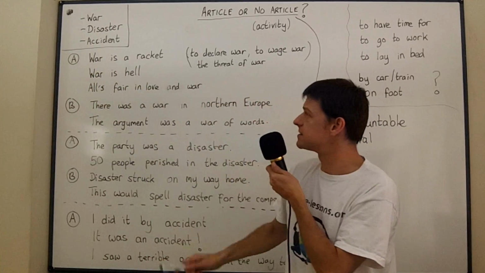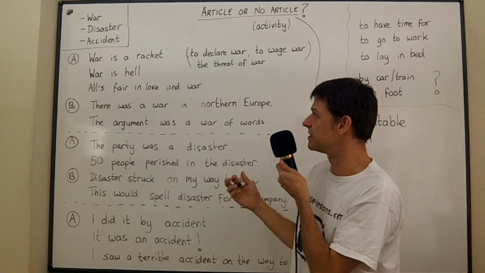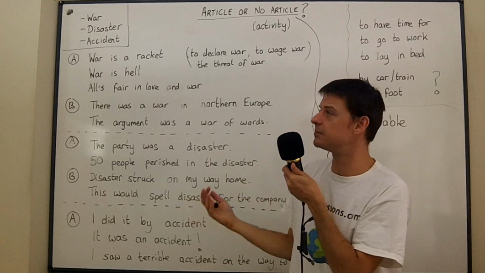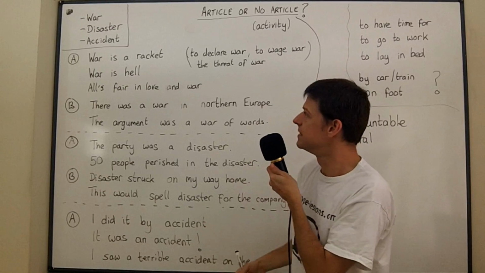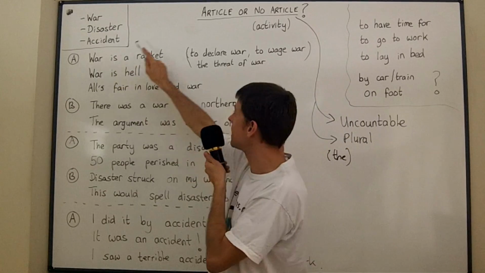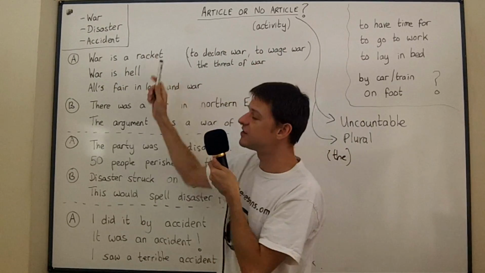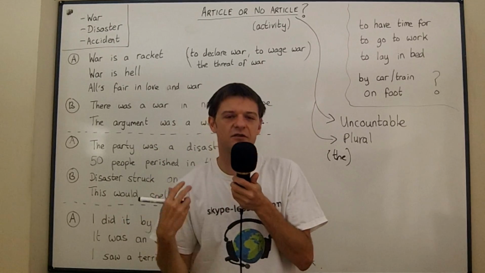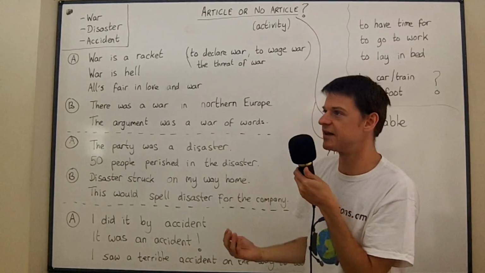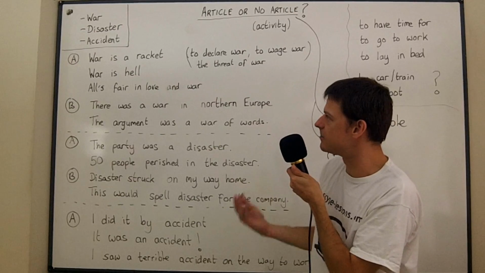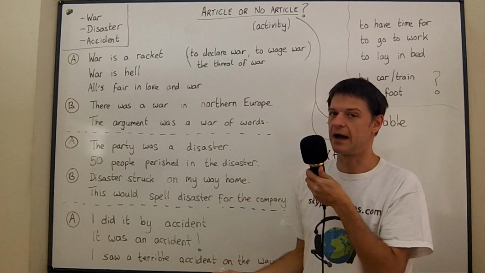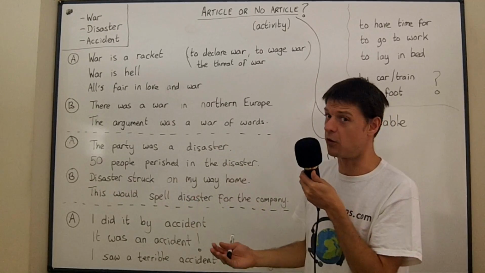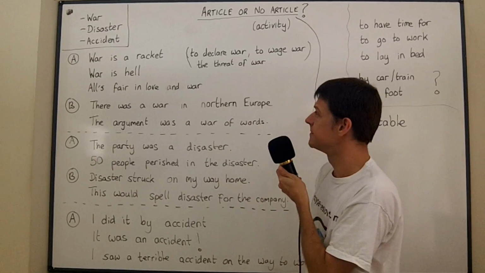"War is a racket." This was a famous quote from an American general, and he was trying to say that the activity of war is a racket, in the sense of a criminal enterprise, in the sense that somebody's always making a profit from war, and that's why you will always get war, because there's money to be made.